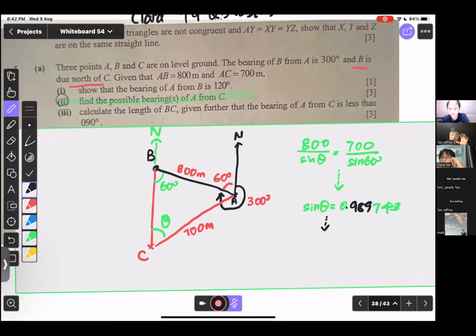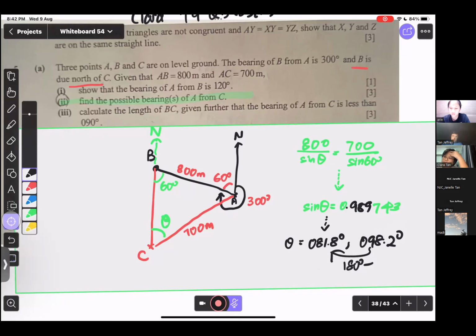Because sine is positive, you check that first and second quadrant answers both make sense. A lot of students jump to conclusions and ask me, how come I only got one answer? 081.8. The second answer is actually 098.2, which is 180 minus, you subtract from 180. It's the second quadrant.